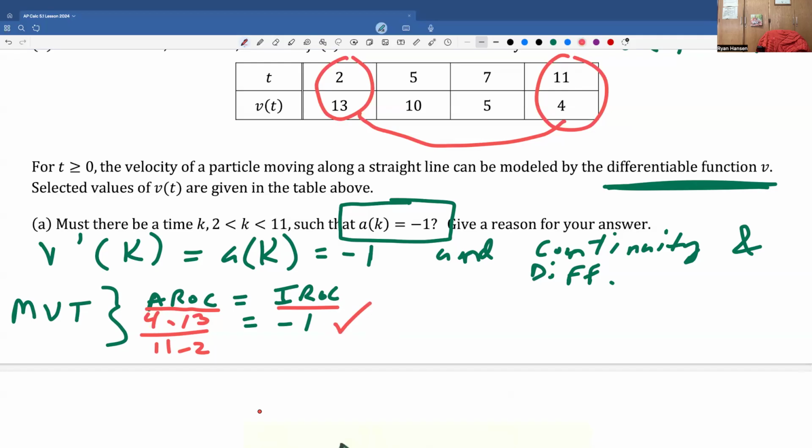So the hard part about this, quite frankly, is how can you write this up? The MVT can be applied, correct?